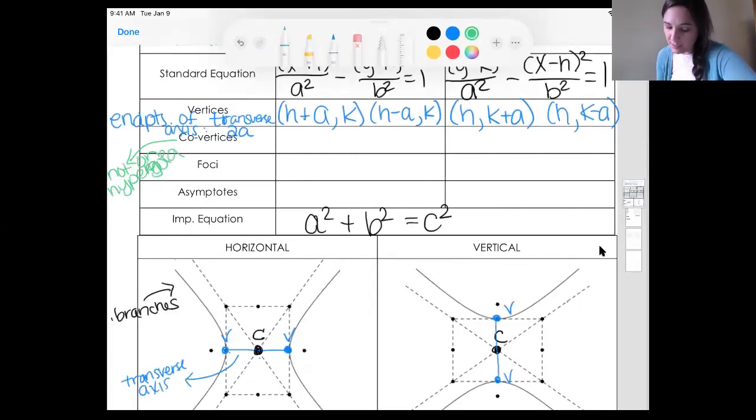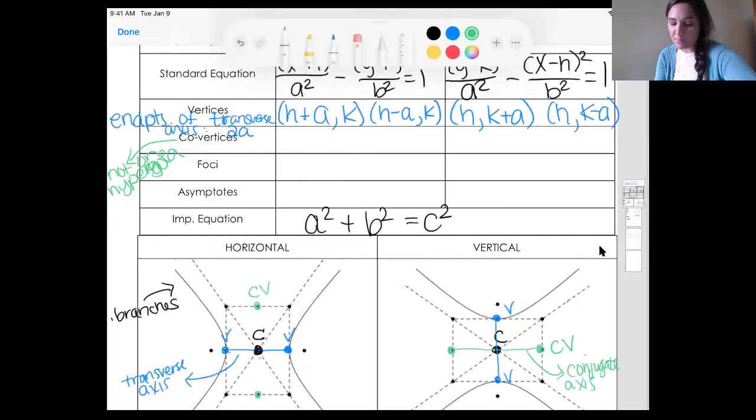All right, and then its axis. So the covertices are going to be here. And there's also an axis here. So we call this axis the conjugate axis. Okay.